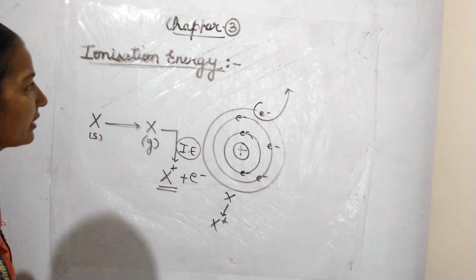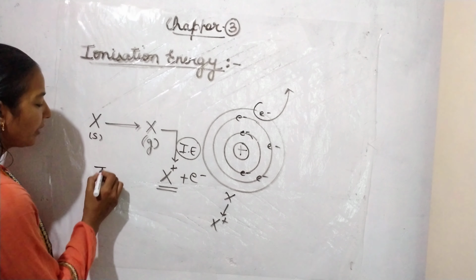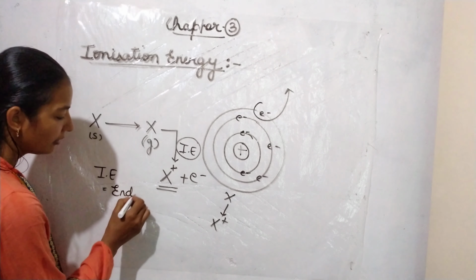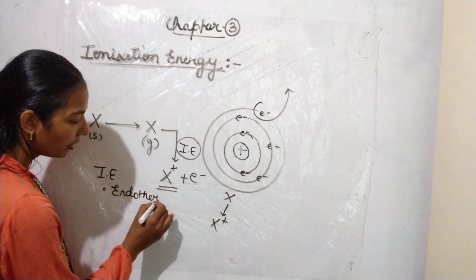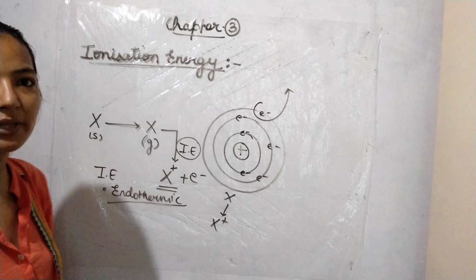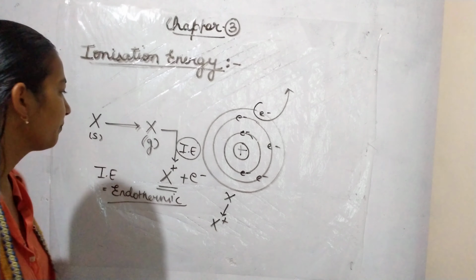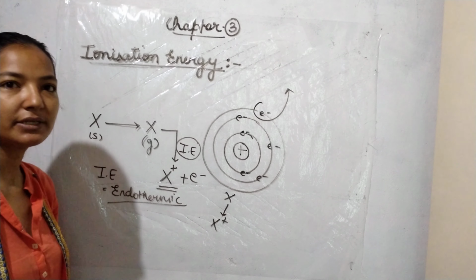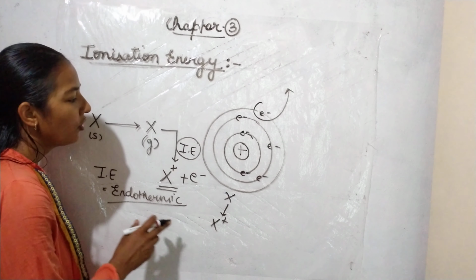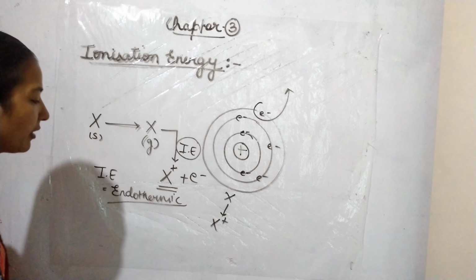Now one thing is clear to us: ionization energy is endothermic. Why? Because electrons are going to absorb energy, they are not going to release energy. So ionization energy is endothermic. Second, what is the unit of ionization energy?